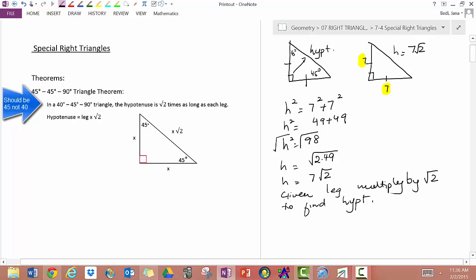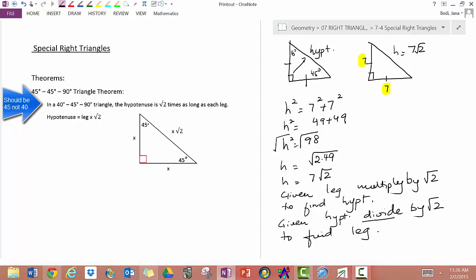You would do exactly the opposite if you were given the hypotenuse: divide by root 2 to find the leg. And this is, of course, when you have a 45-45-90 triangle.